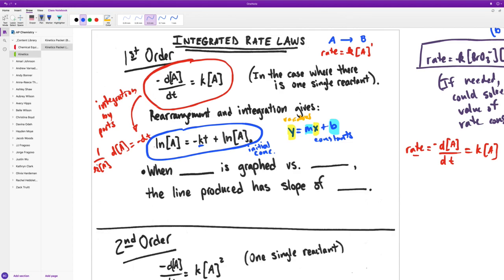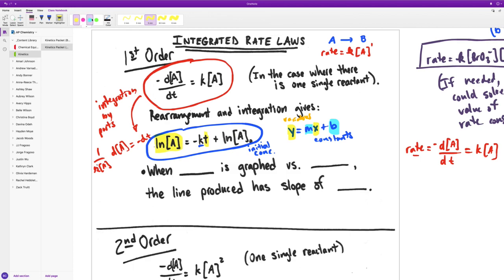Okay, time is our independent variable, which is like the x over here. So there's our variable, and the other variable, the dependent variable, is the natural logarithm of the concentration of A. So as A is changing throughout the course of the reaction, the natural logarithm of A is also going to be changing.